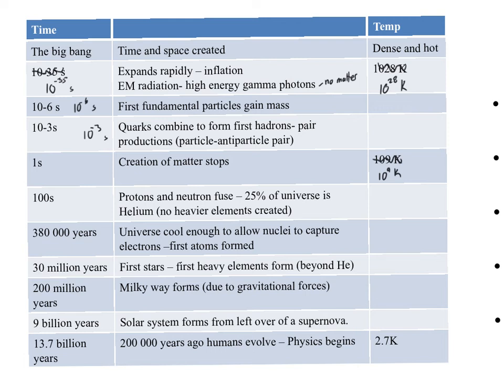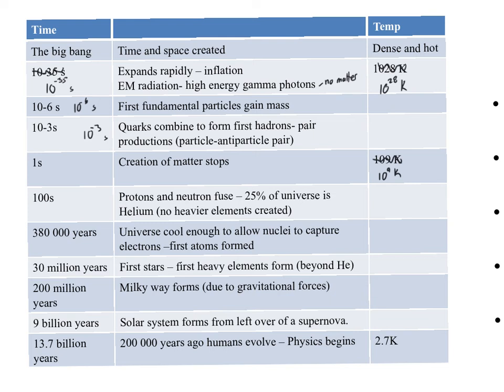Now, after about 30 million years, the first stars start appearing, where you have heavier elements forming. Then after 200 million years from the Big Bang, the Milky Way starts forming due to the gravitational forces that we've seen before in the previous chapter.